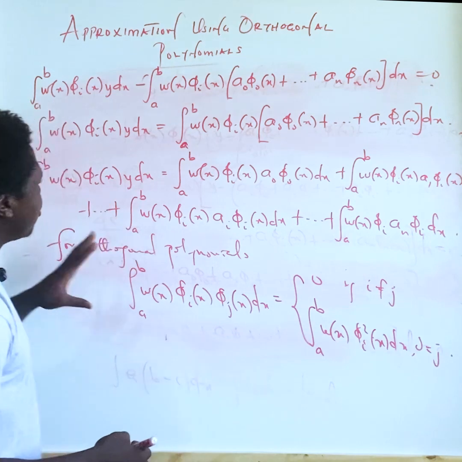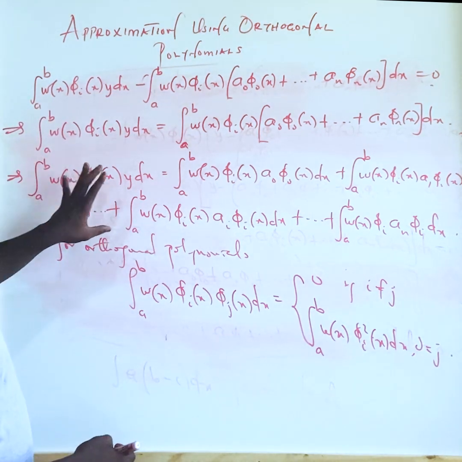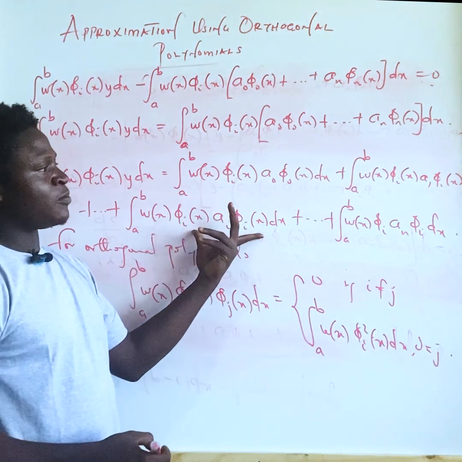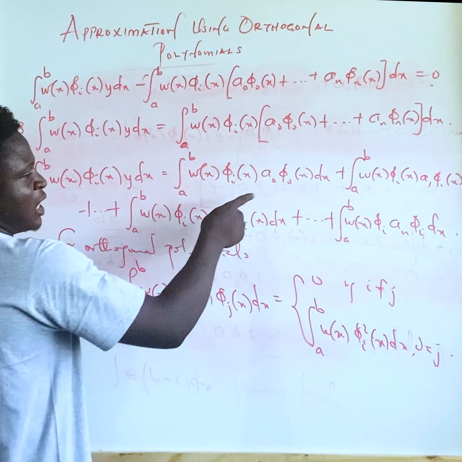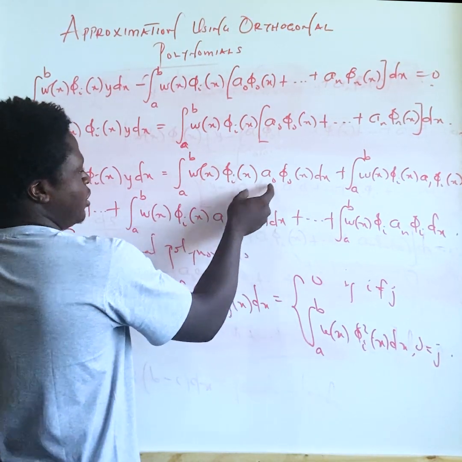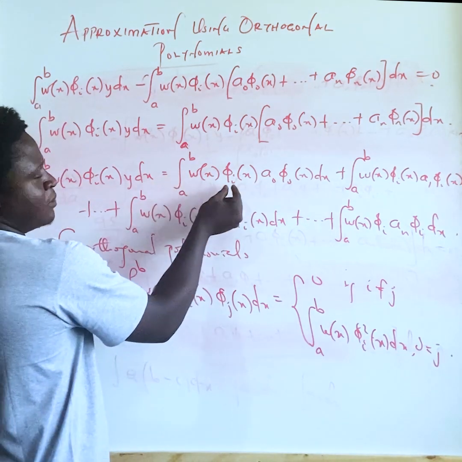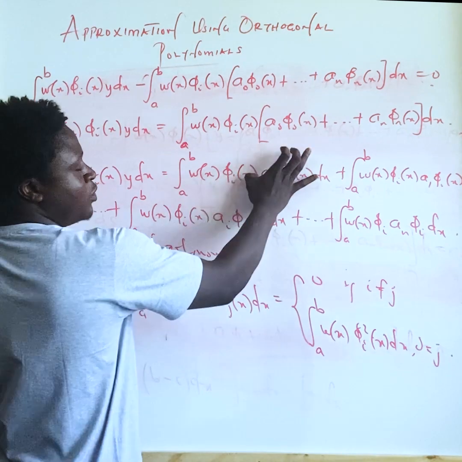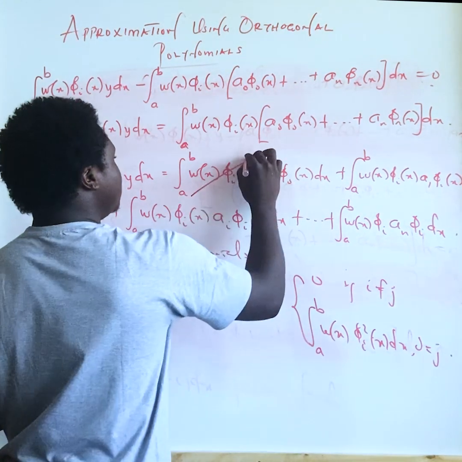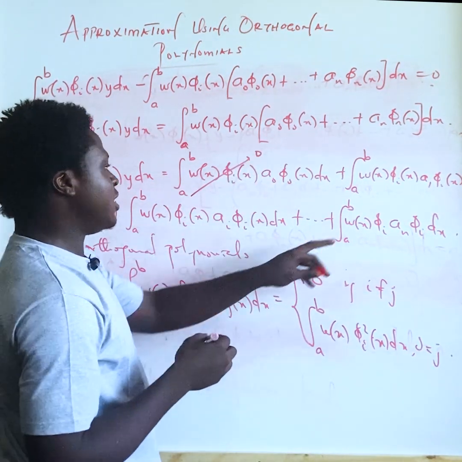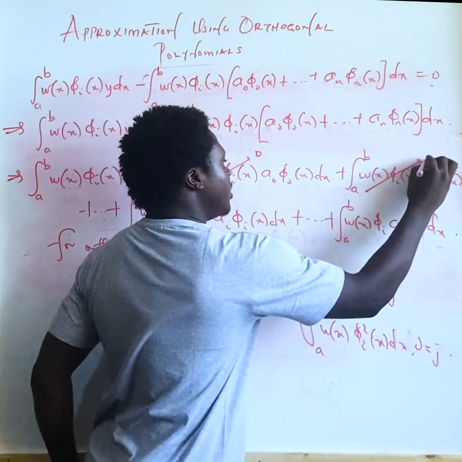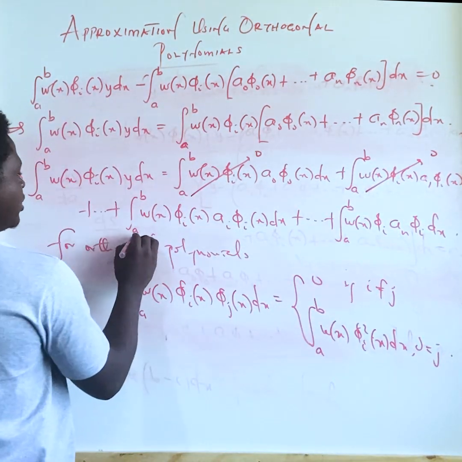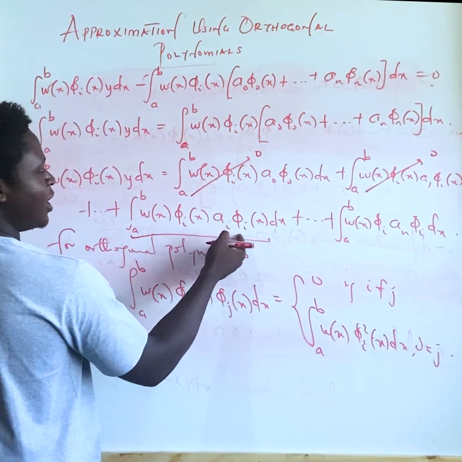So it means that if we go back to this previous line, every other thing we have here will be 0 apart from where we have phi_i. What do I mean? Already our a_0 here is a constant, so it can come out of the integral. So I'm saying phi_0, i and 0 are different, so the guy will be 0. So I will be having this to be 0. Here again, I'm saying i and 1, it will be 0. So every other thing here too will be 0. This one here will stay because it is i and i.